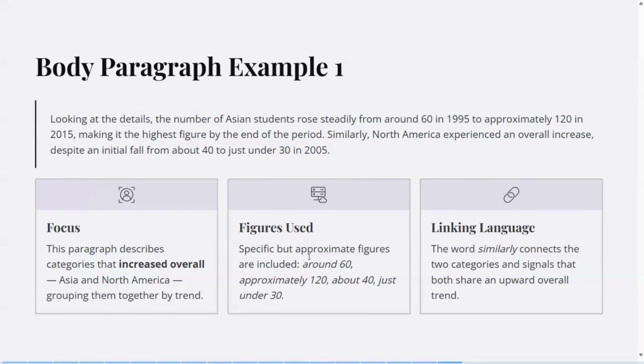Is there a number? Is there a comparison? And there's a trend. That's what the IELTS wants to see. North America experienced an overall increase despite an initial fall from about 40 to just under 30 in 2005. It has numbers. It has contrast. It has comparison. It has trends.